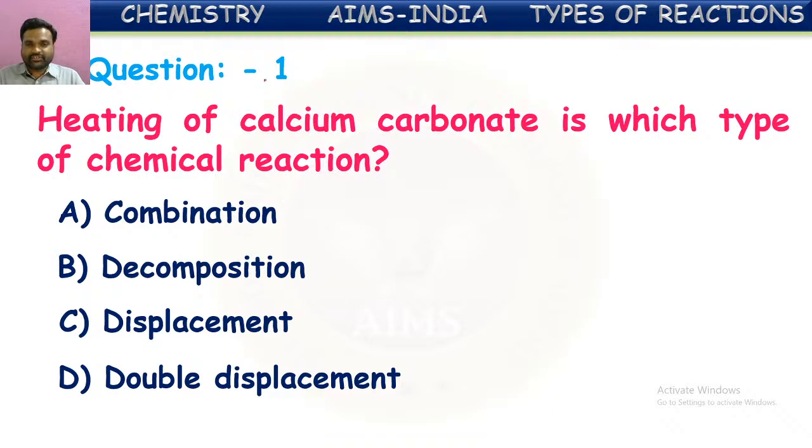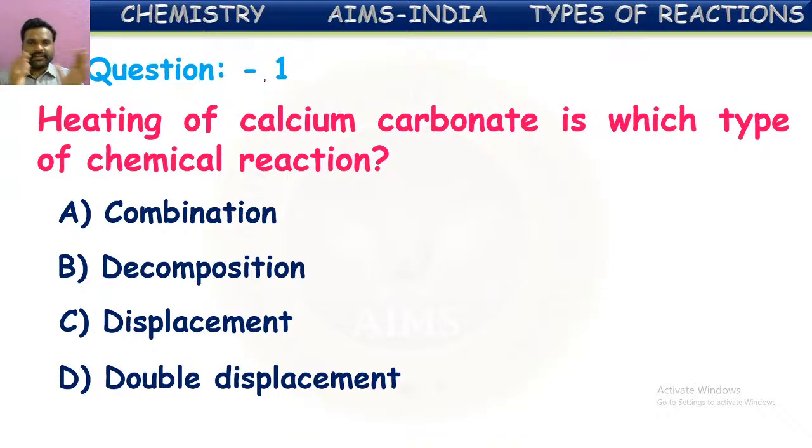Heating of calcium carbonate. First let us say what happens if calcium carbonate is heated. We know when calcium carbonate is heated, it forms calcium oxide, which we also call quicklime, and carbon dioxide gas. So here calcium carbonate on heating splits into calcium oxide and carbon dioxide.